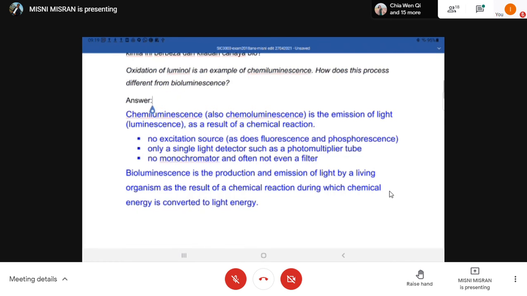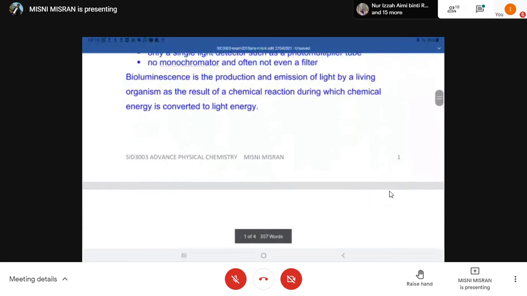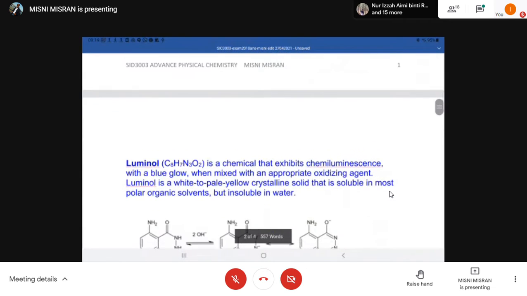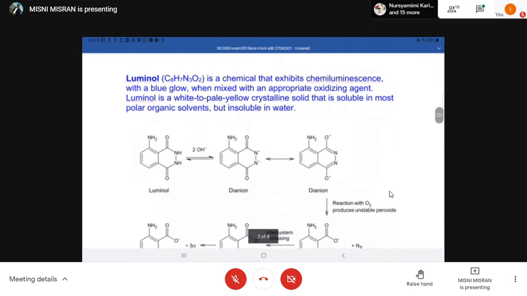Some of the questions, but don't write on luminol reactions because it's going to waste your time. Only waste your time. Remember, you have other topics from different lecturers, different parts of the questions that you have to answer. So go straight to the difference between chemiluminescence and bioluminescence. That was the question. So I just put here some examples for this particular purpose, from our lecture notes.